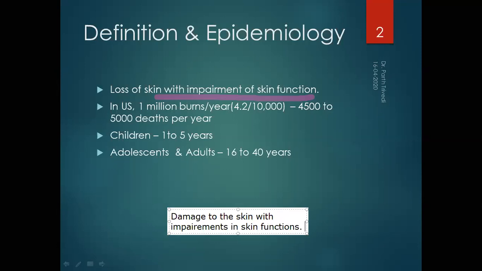In the US, there are 1 million burns per year, and somewhere around 4,500 to 5,000 deaths occur per year. This ratio is much higher in India. Why?